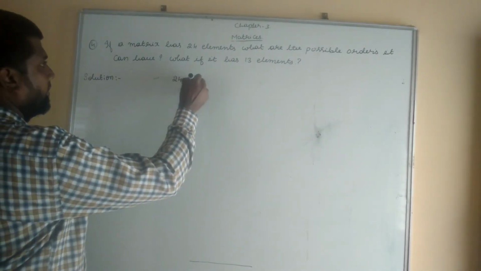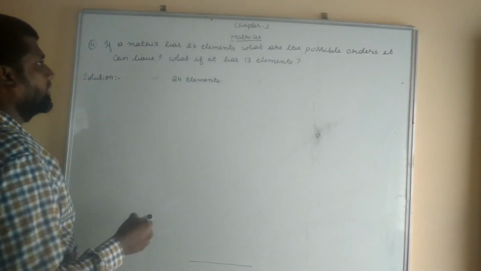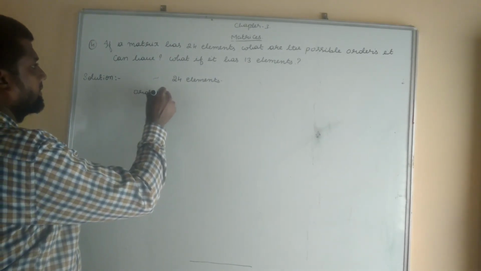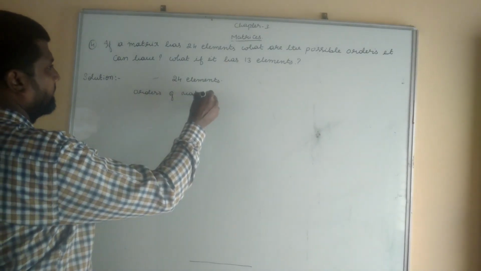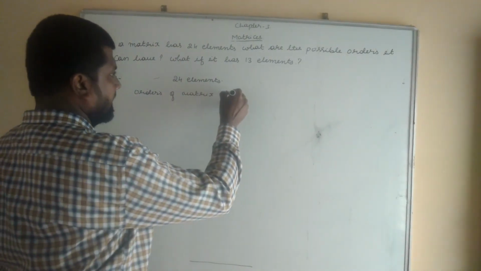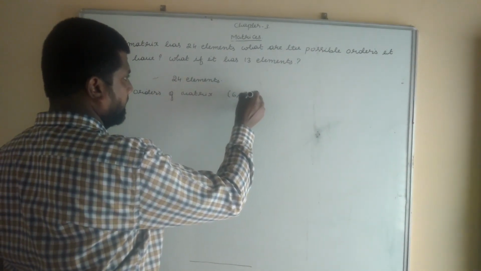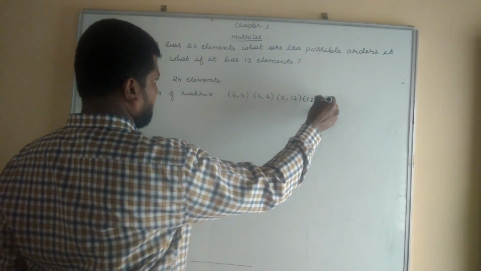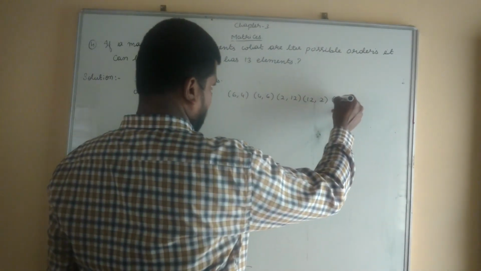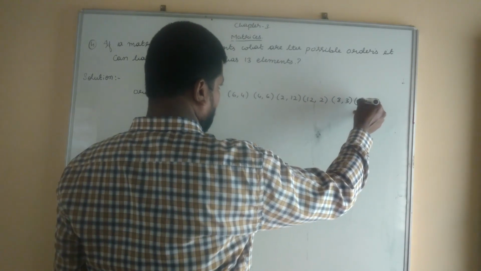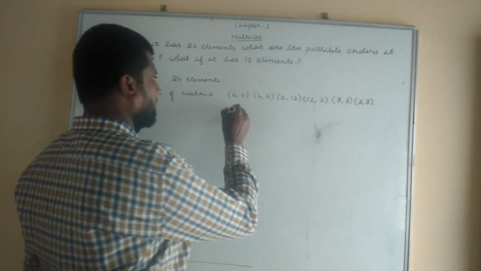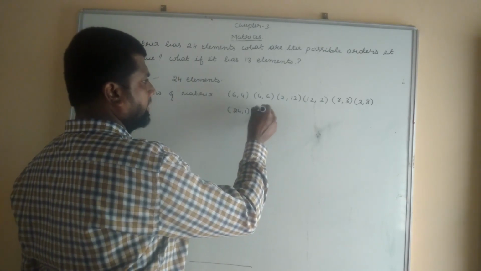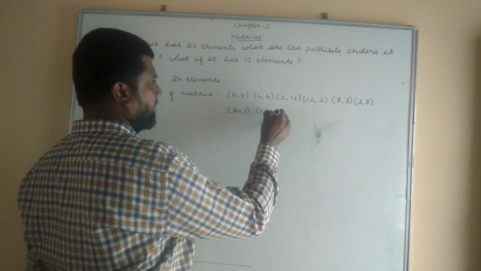Let us write the possible orders of the matrix: 6, 4, 4, 6, 2, 12, 12, 2, then 8, 3, then 3, 8, then 24, 1, then 1, 24.